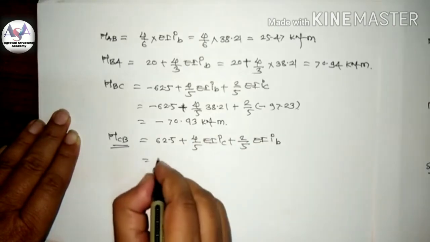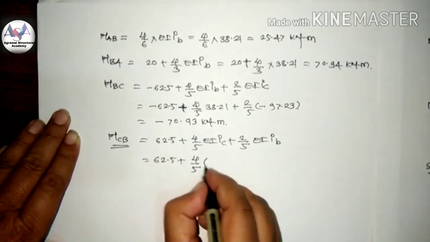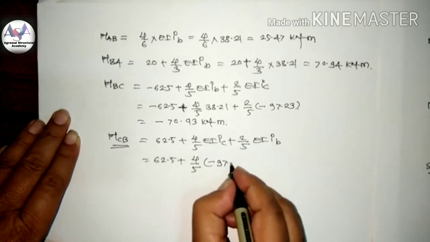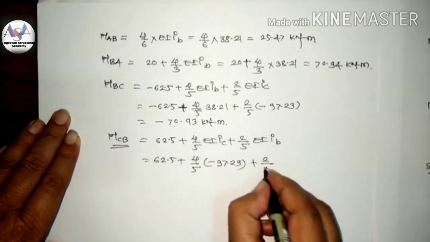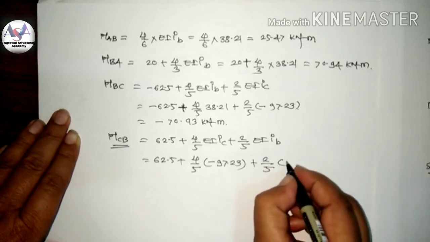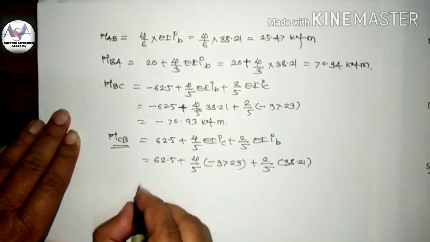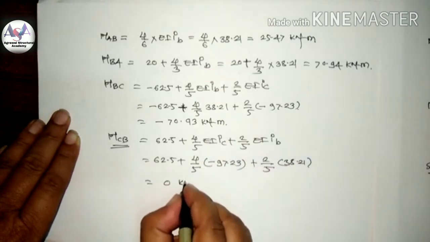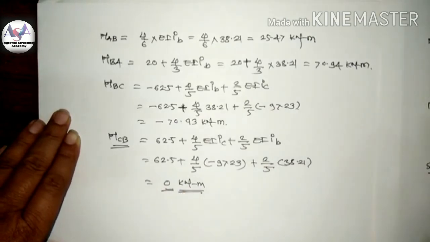So here 62.5 plus 4/5 into minus 97.23 plus 2/5 into 38.21. So this total value is 0. So we got the value 0 because of the simply supported end.